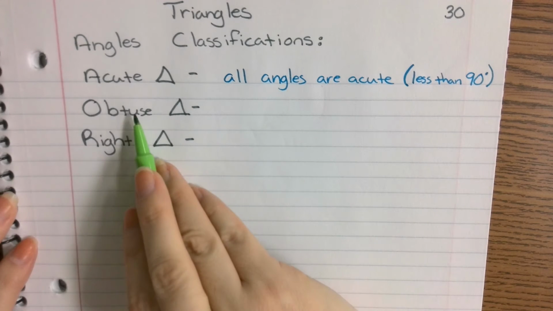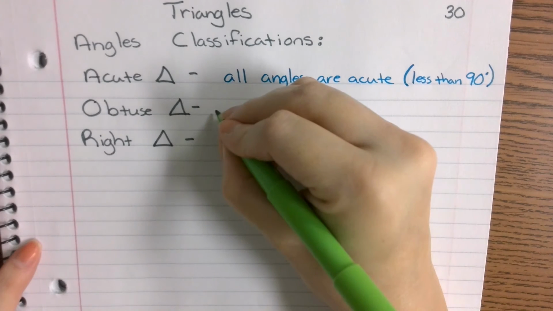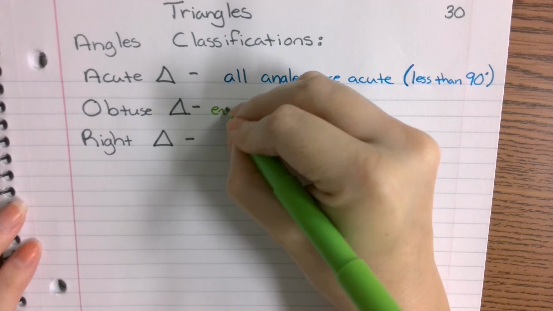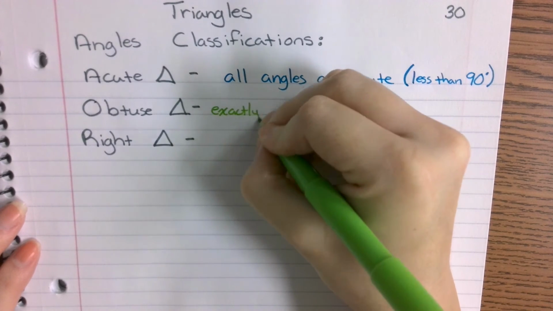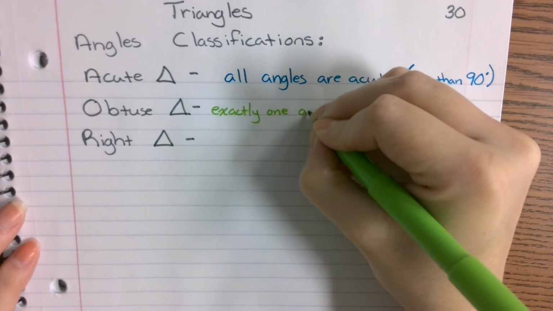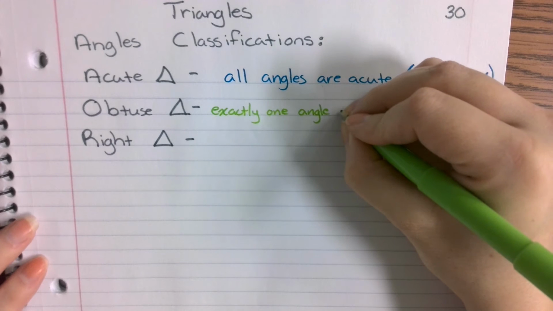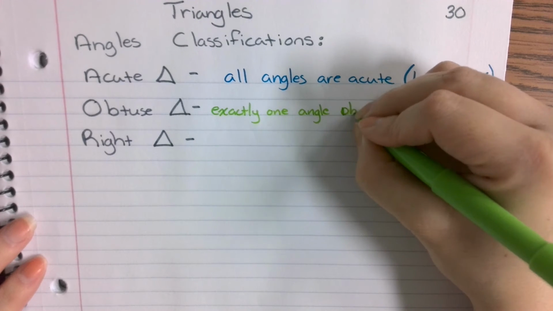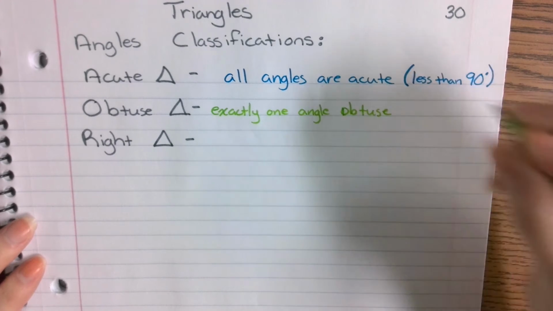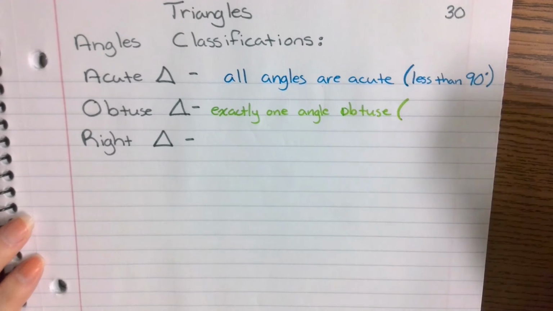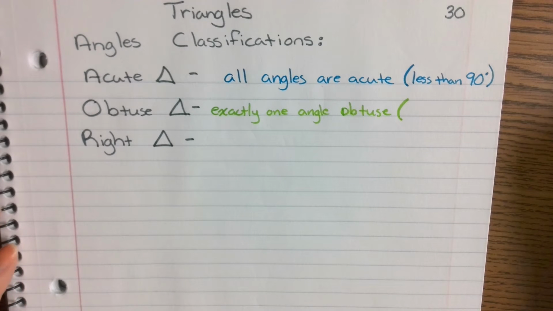For an obtuse triangle, you have exactly 1 angle that is obtuse. With an obtuse angle, think obese. What does that mean?